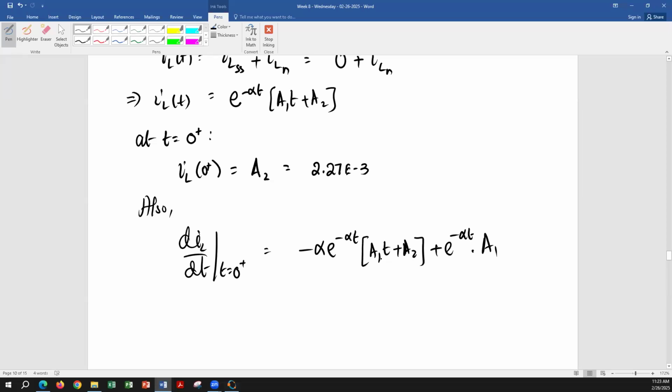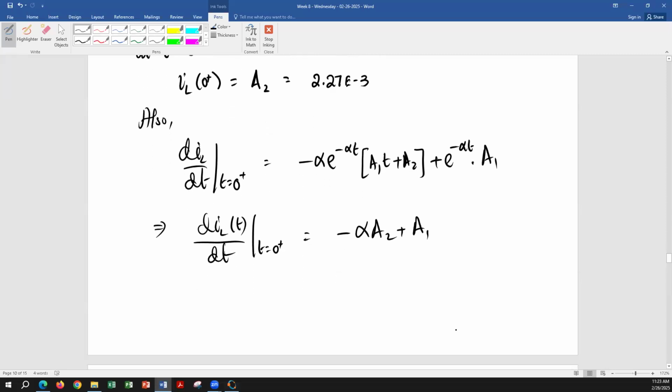So the t term is going to be 0, and the exponent terms are going to become 1. So I'm going to have negative alpha a2 plus a1. We already know the value of a2, so from this we're going to find the value of a1.